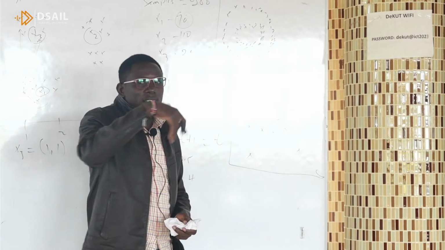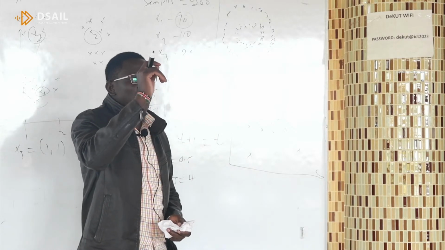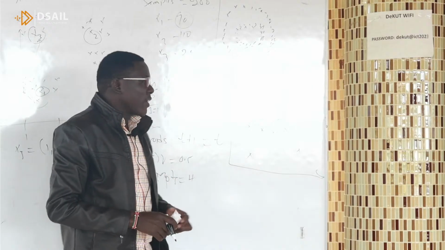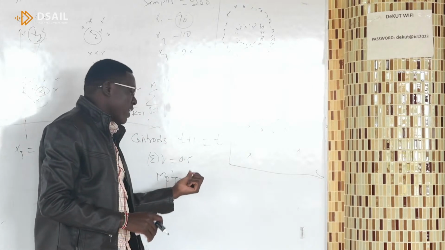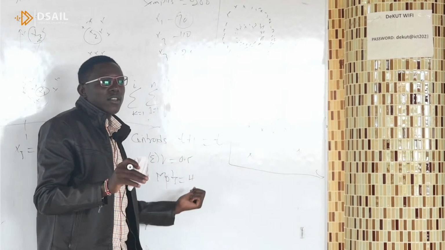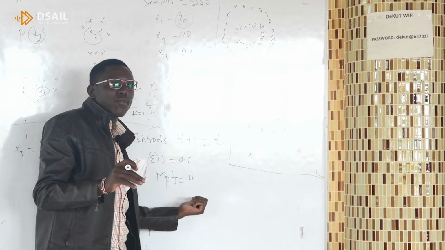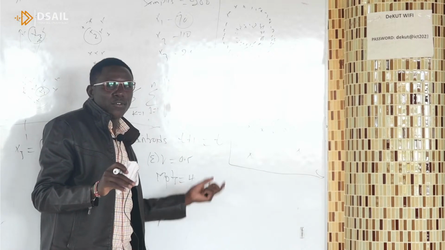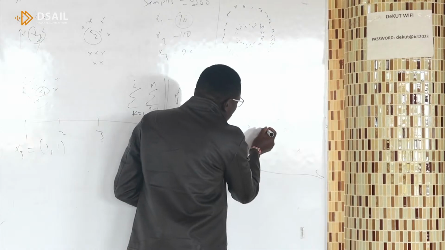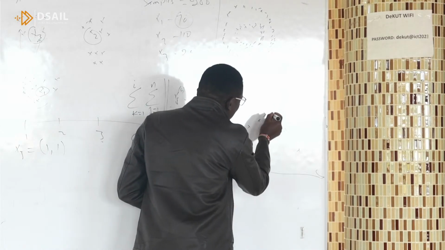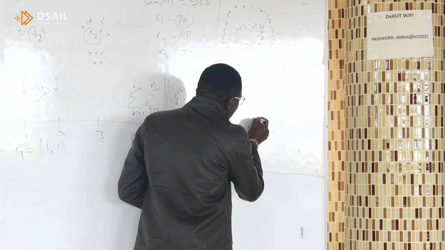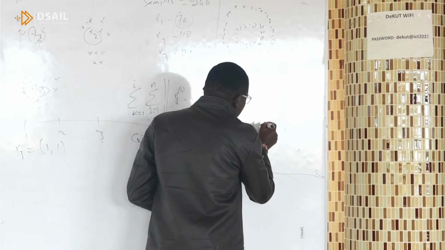In that circle, for that particular point, we need at least the predefined number of points that fall in that circle. So for example, if you take this as your center and draw that radius, you end up with something like this.